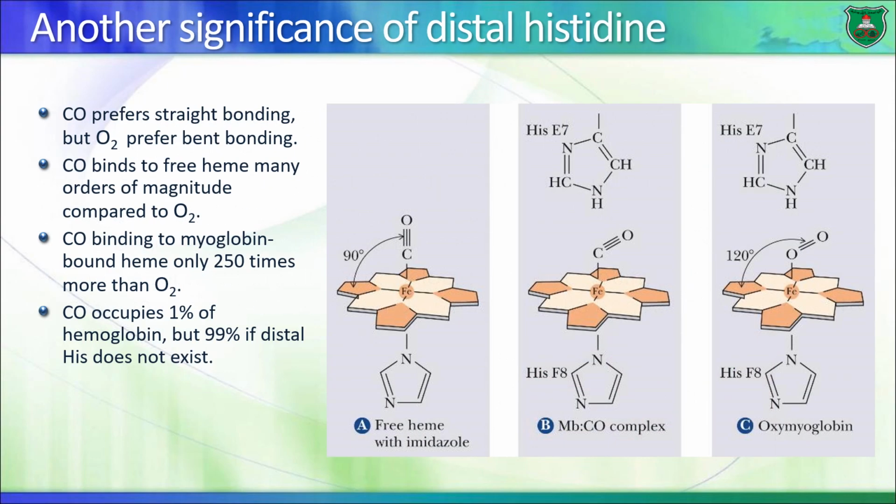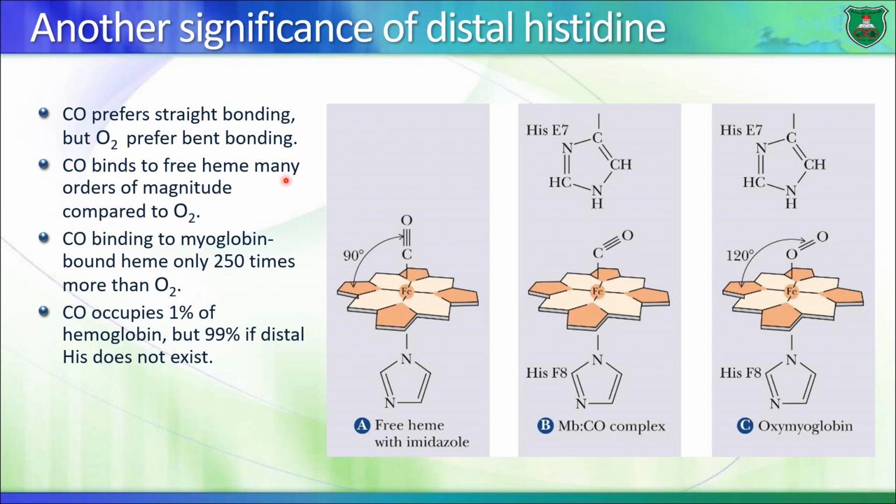Now, there's something else about distal histidine, and that is binding to carbon monoxide. If you have a free heme molecule and you add carbon monoxide and oxygen to that heme molecule, carbon monoxide has much higher affinity towards heme.